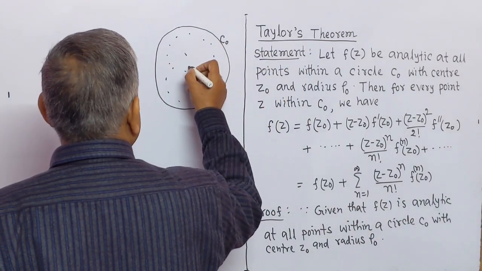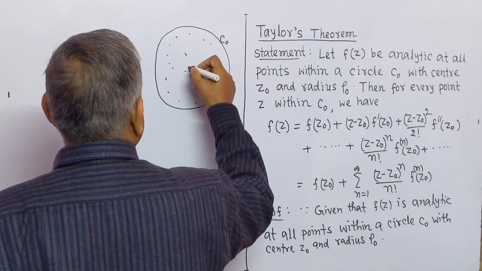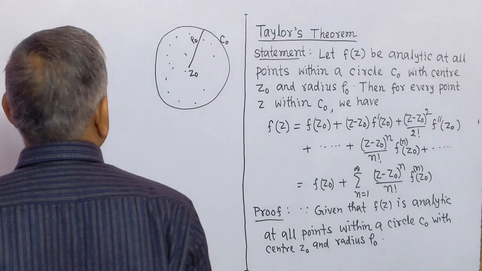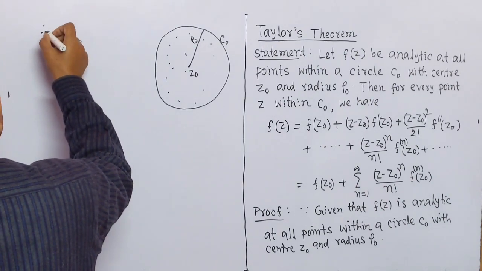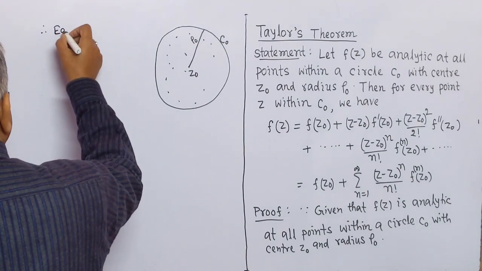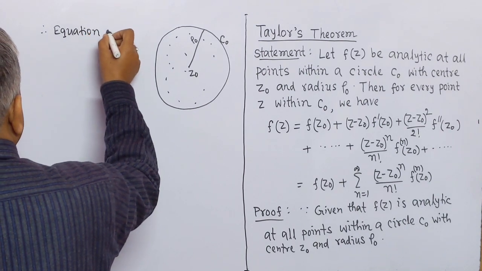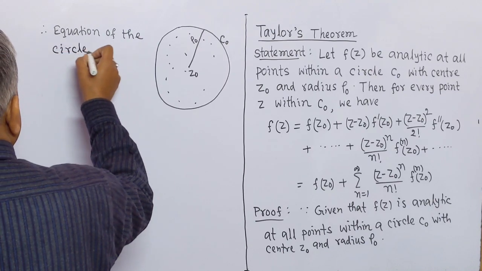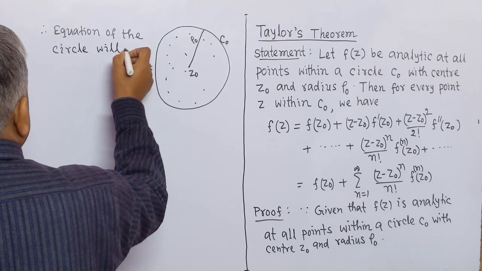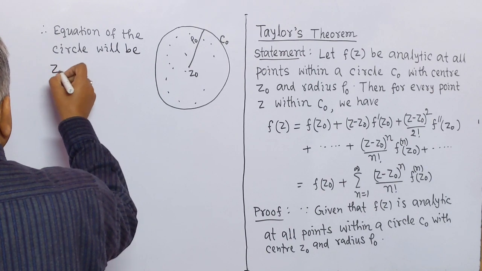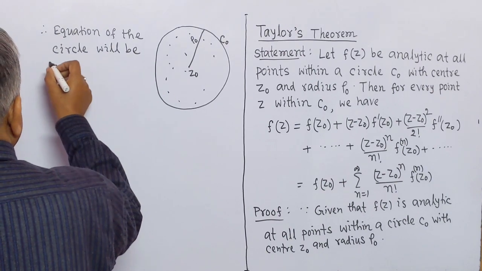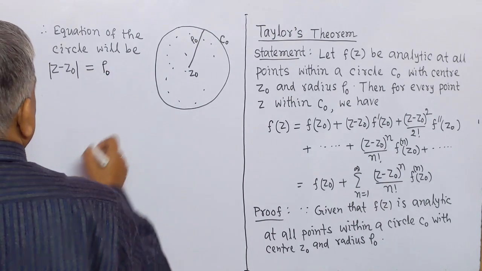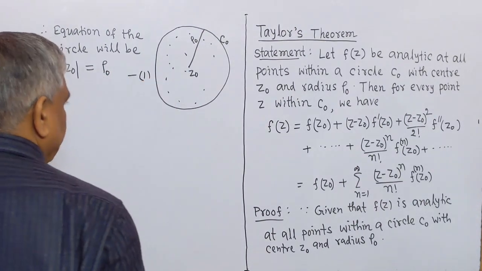Let this be the center z0 and radius be ρ0. Therefore, the equation of the circle will be modulus of z minus z0 equal to ρ0. Let this be number 1.